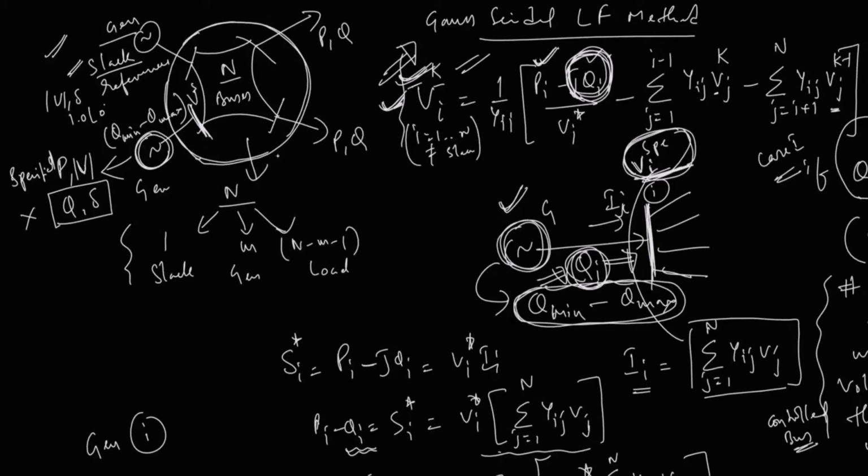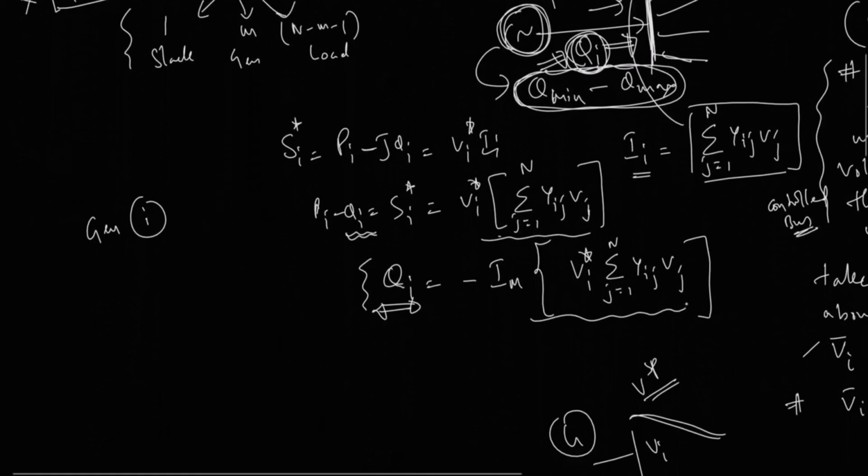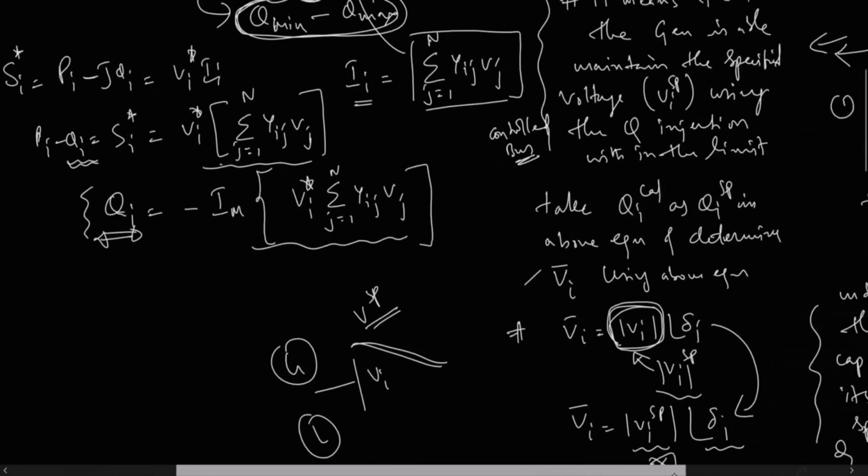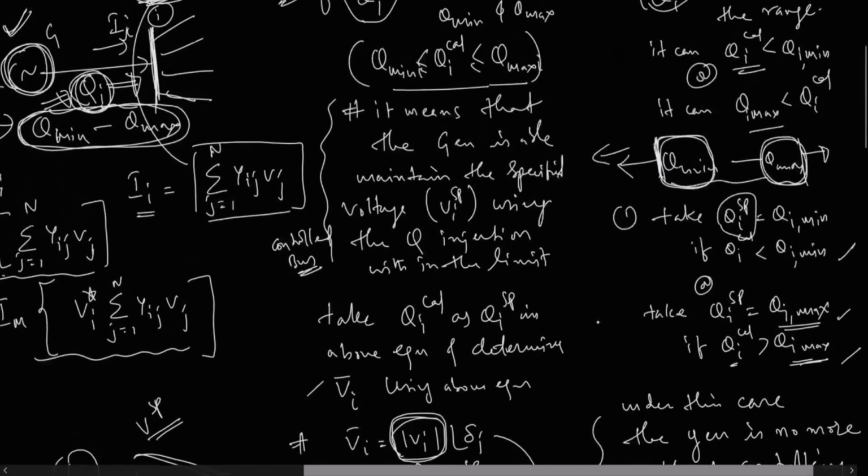So whenever we encounter a generator bus, because we don't have the reactive power specified at that generator bus, we first calculate the reactive power from the imaginary part of this equation at that bus, and compare the calculated value with the limits.